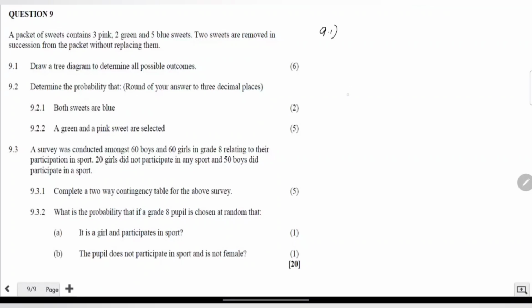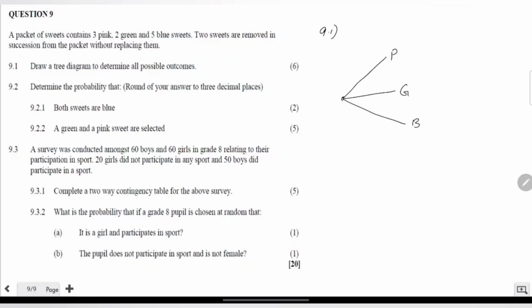That first sweet can be pink, so one branch for P, or that first sweet can be a green one, so one branch for green. Then that first sweet can be a blue one, so it can be blue.